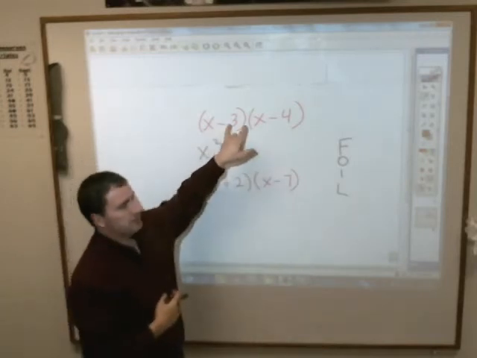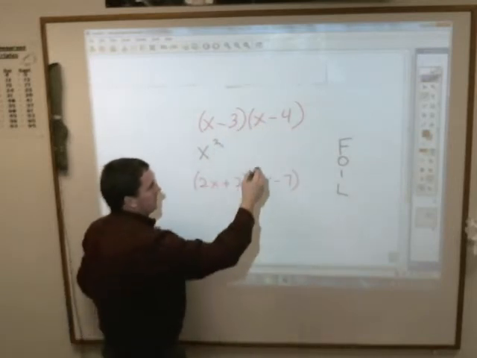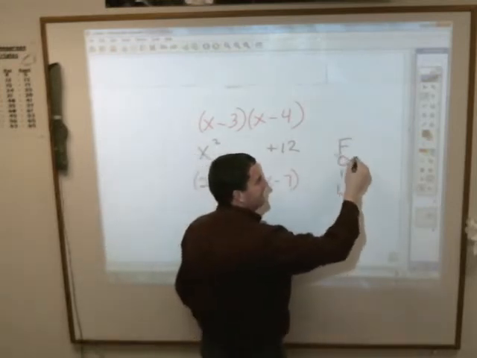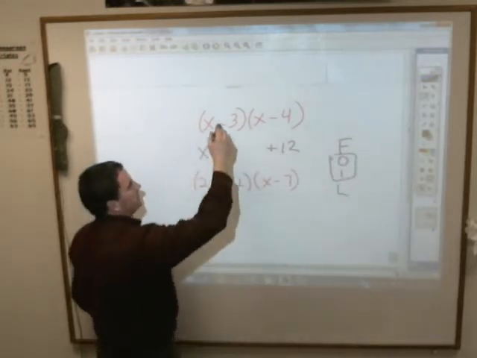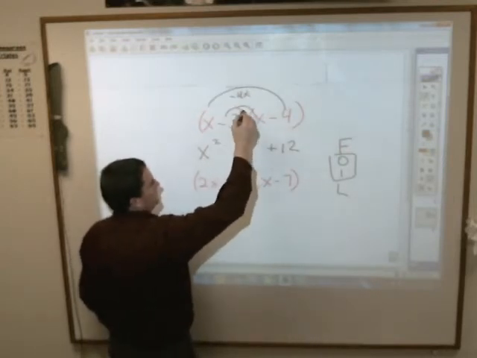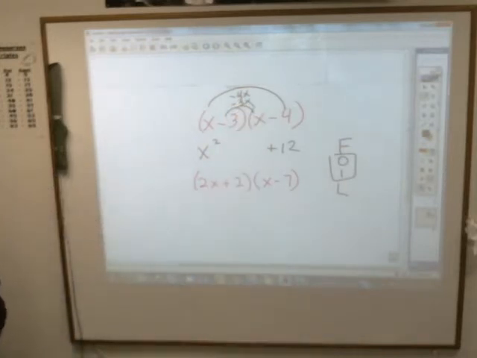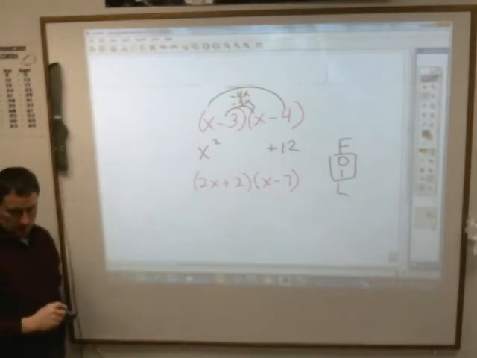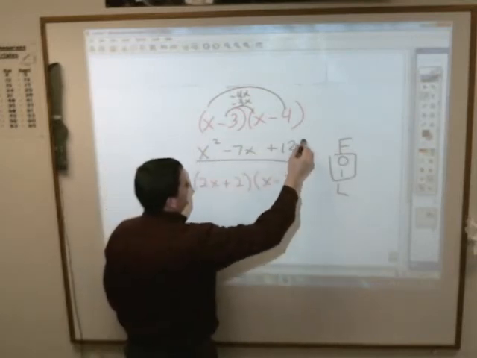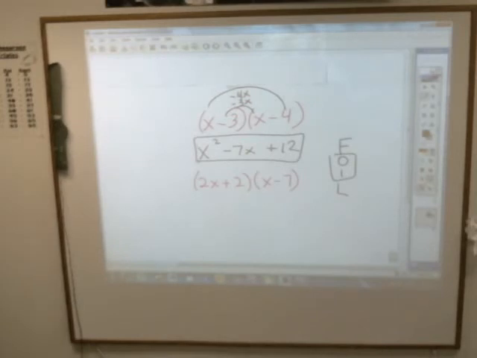Your last term comes from multiplying the two last terms together. What is a negative 4 and a negative 3? Positive 12. Your middle term is the combination of the outsides and the insides. This is the tough part. So you think about what this times this is, which is a negative 4x. This times this is a negative 3x. So when you have a negative 4x and a negative 3x, you end up with, somebody? Negative 7x. This is your trinomial that you get for an answer.